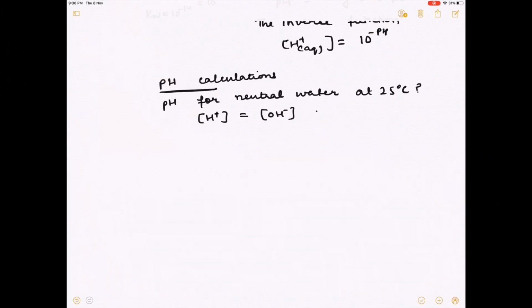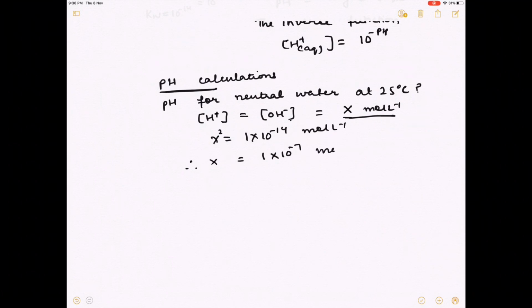These are equal. And suppose let's take this concentration to be x moles per liter. Now you know the total is 1 into 10 raised to the minus 14, x square, right? Because x means just hydrogen ion or OH ion. So x square is 10 raised to the power minus 14. So therefore x is 1 into 10 raised to the power minus 7, and obviously this is in moles per liter.